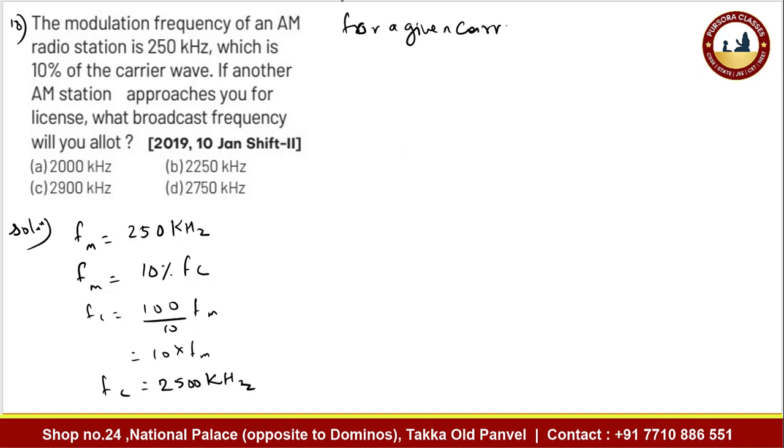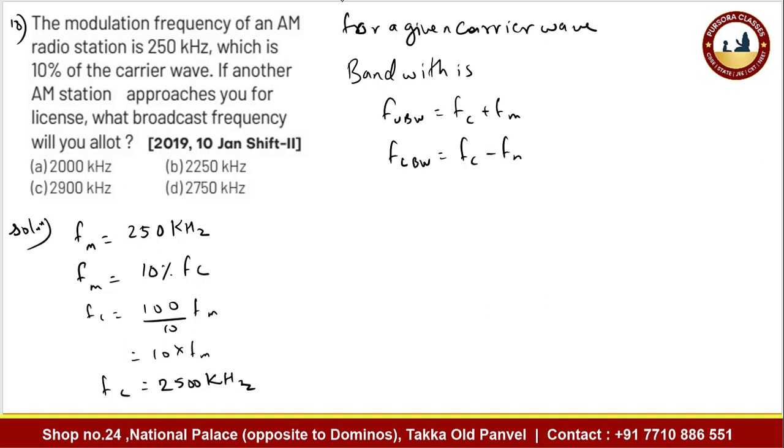For a given carrier wave FC with modulation frequency FM, the bandwidth is calculated as follows: upper sideband will be FC plus FM and lower sideband will be FC minus FM.